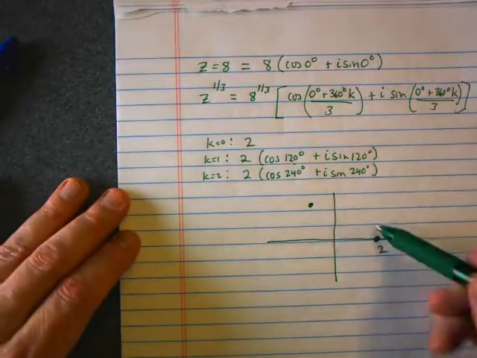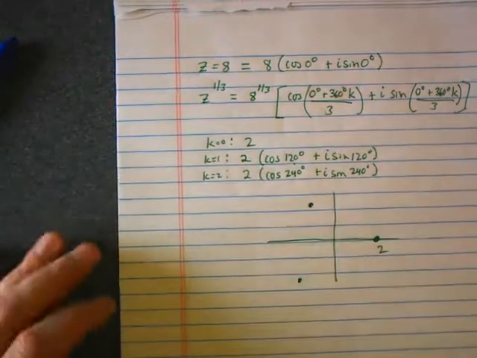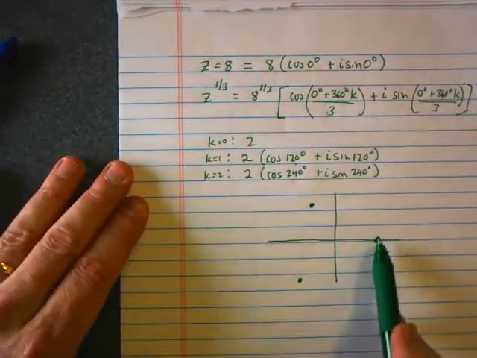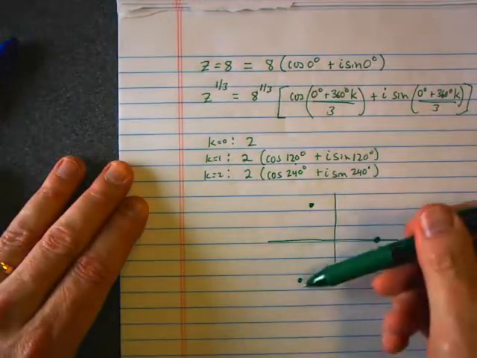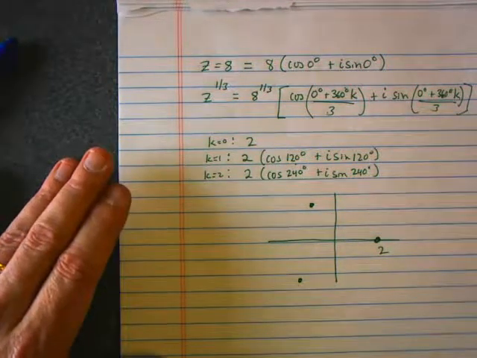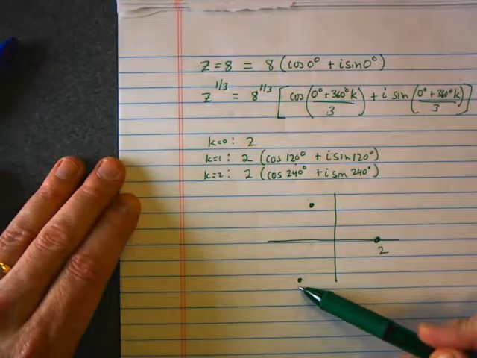At 240, so this is 180, so it would be 60 more. Notice again, those dots didn't come out well. But what you should see is they're evenly spaced around the circle. Just like the square roots were evenly spaced around the circle, cube roots are also evenly spaced around the circle.